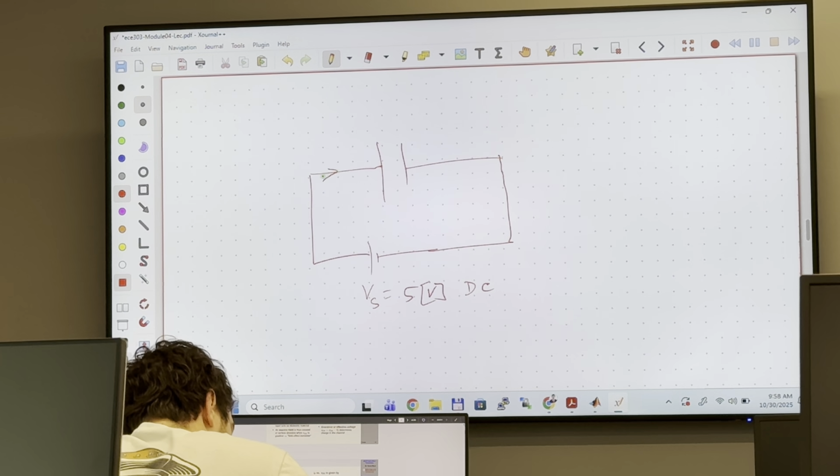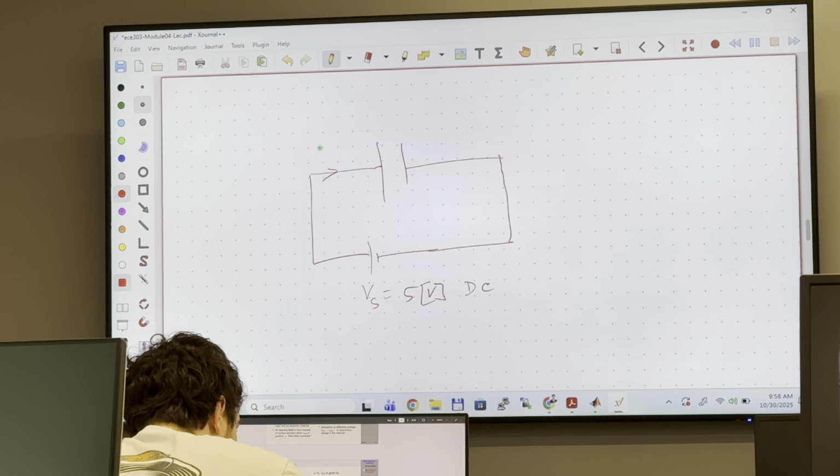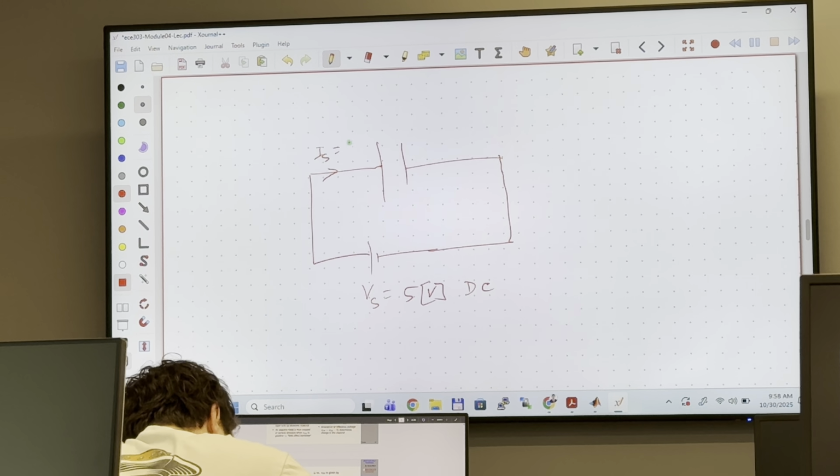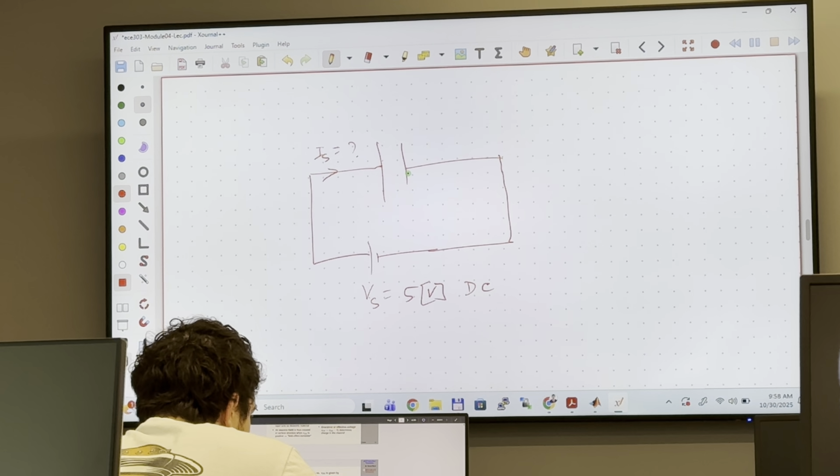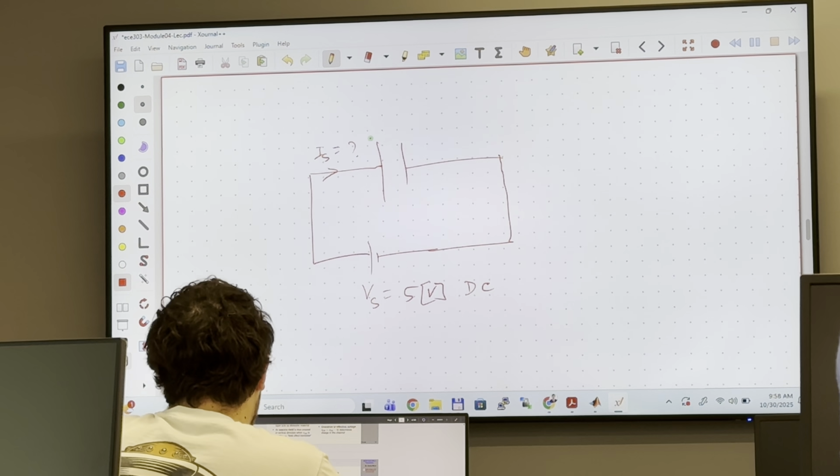My question to you, what will be the current? And you have a capacitor. Zero. Current is going to be 0.